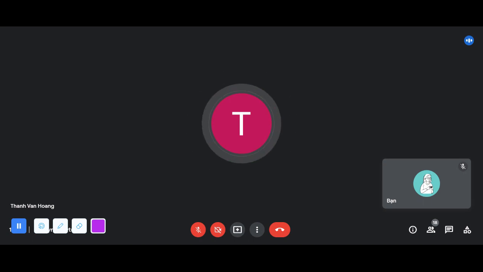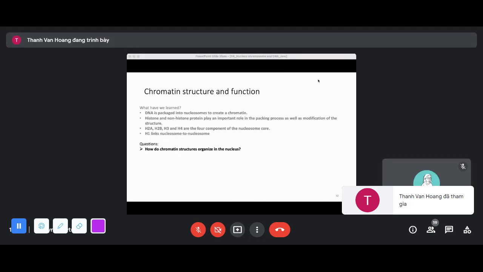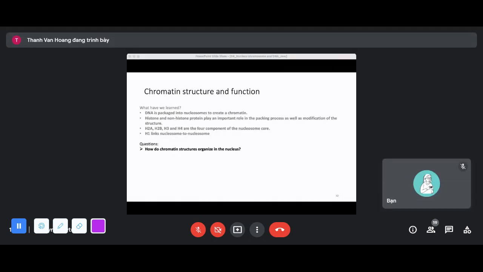So let's show the screen again. Since when was it lost? I see the slide is lost now. When did the slide disappear? It was lost around the time when I sent the video link. Okay, then it's not important.